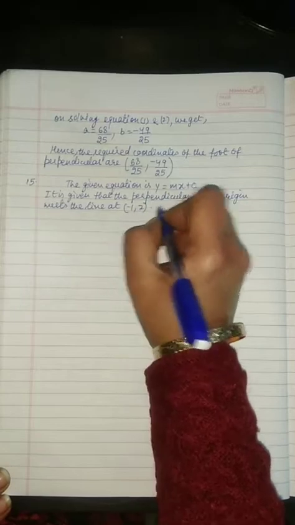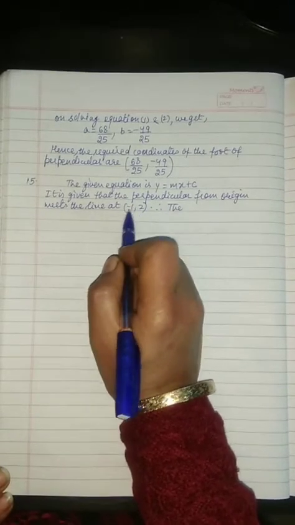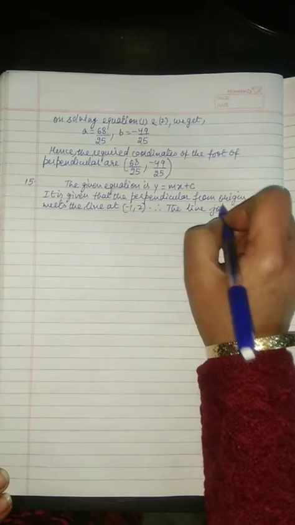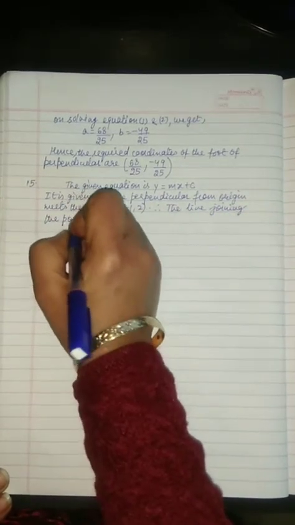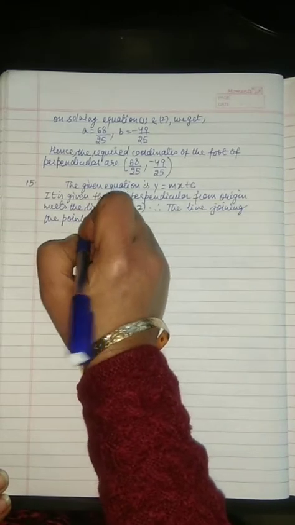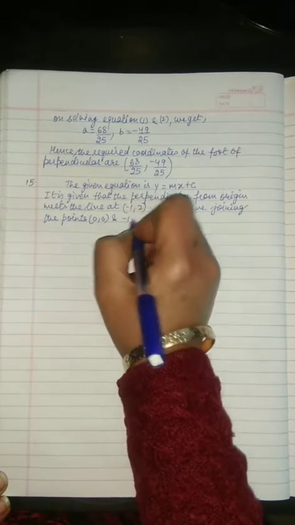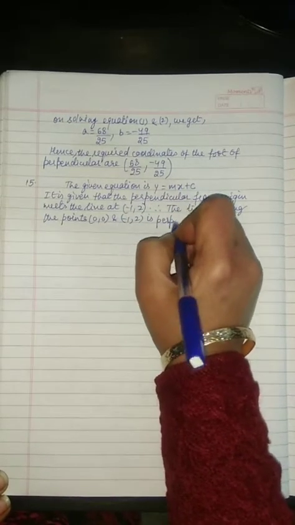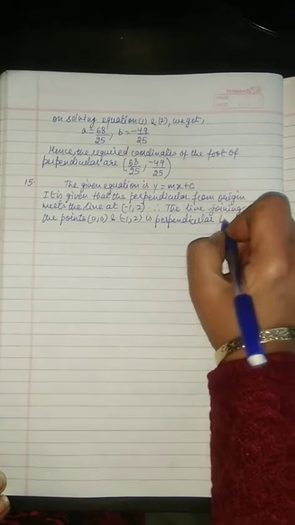Therefore, the line joining the origin, whose coordinates are 0, 0, and the point minus 1, 2 is perpendicular to the given line.